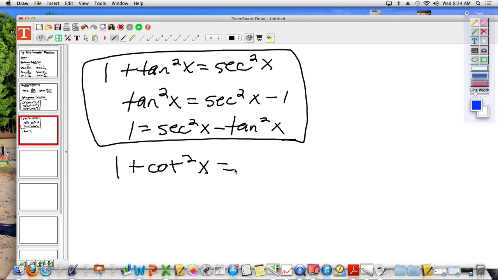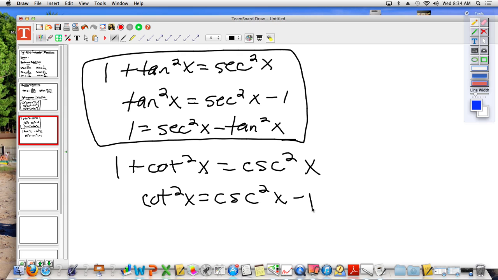is equal to the cosecant squared of x. We're going to do the same thing. Let's solve for the cotangent squared first. Cotangent squared of x would be equal to what? Cosecant squared x minus 1. Yep, got to subtract the 1 that's out in front. So we'd end up with the cotangent squared of x is equal to the cosecant squared of x minus 1.